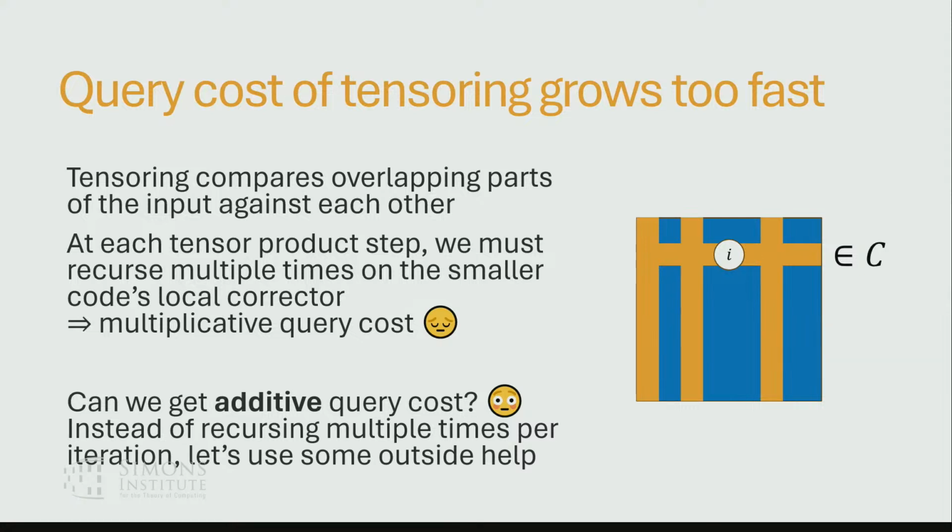And so, is there any hope that there's some kind of alternative to tensoring, which can grow the block length of an RLCC while preserving the relaxed local correctability, and which only incurs an additive query cost? Another way to look at this is that they show that C tensor C, or the row evasive partitioning, gives a larger RLCC by leveraging the relaxed local correctability of these smaller parts of the code against each other.